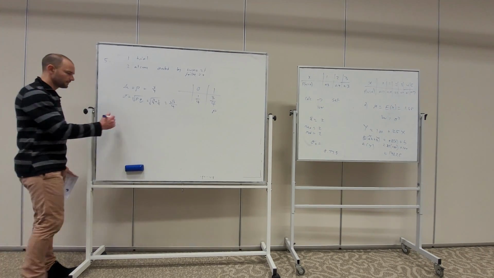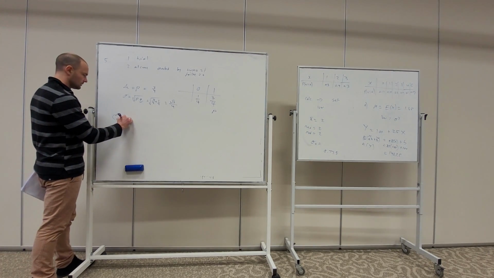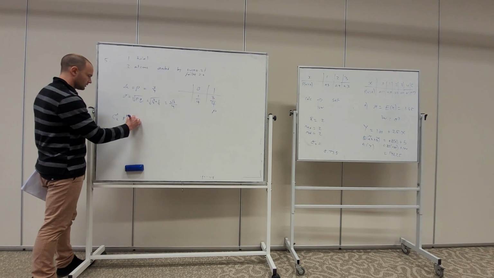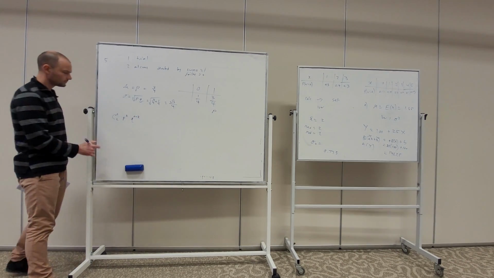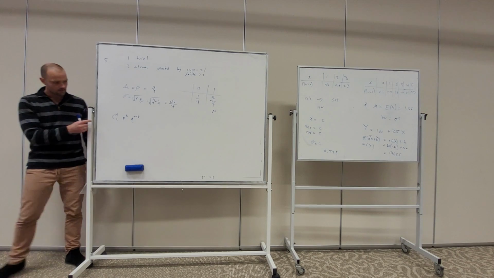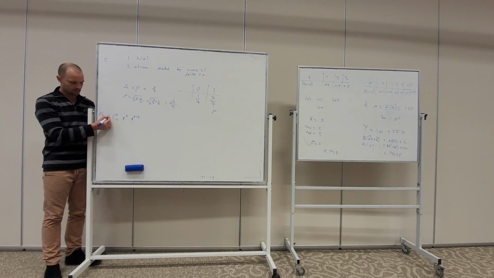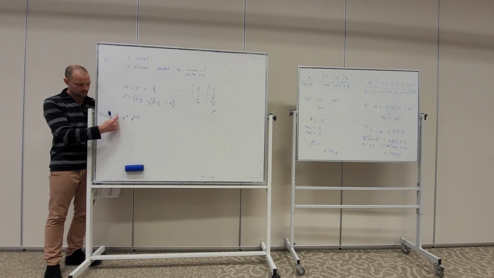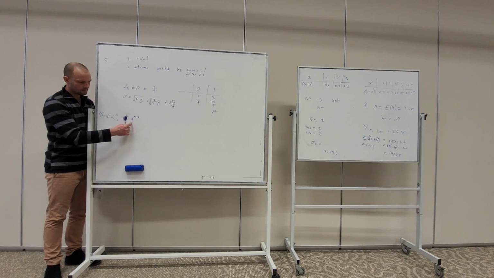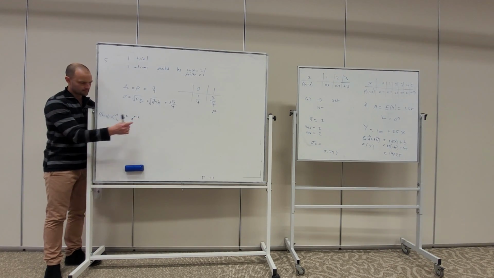The first is this formula. We have the probability of having k successes is equal to the number of ways that it can be arranged, k successes, the probability of success to the number of successes, the probability of failure to the number of failures.